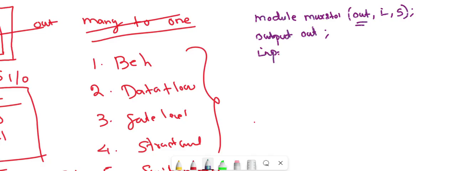Inputs are input I, comma S. How many inputs? Two inputs: input 1 down to 0, I0, I1. Then input S is scalar, so scalar declaration.